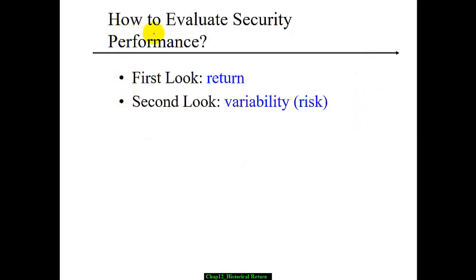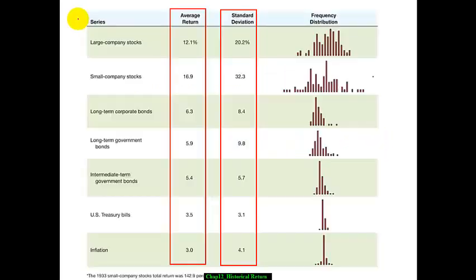So how do we compare and evaluate securities? Security performance can be summarized in two aspects. Number one, returns, profit. Number two is the risk, up or down. Let me give you a view of the data we found from the market history.